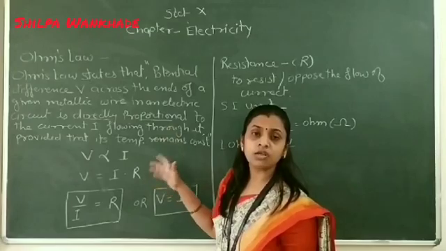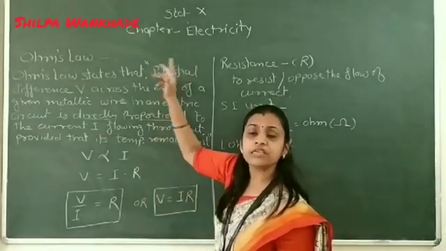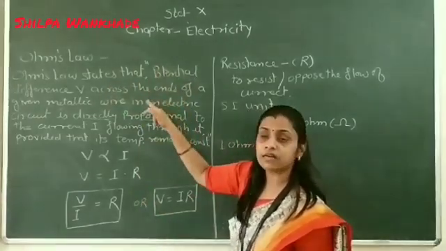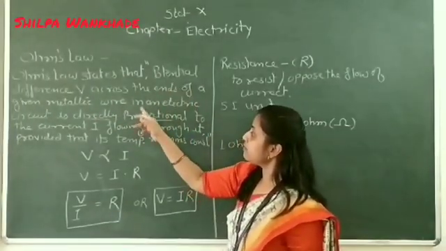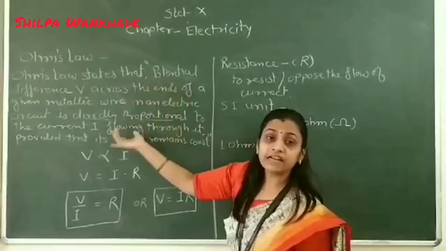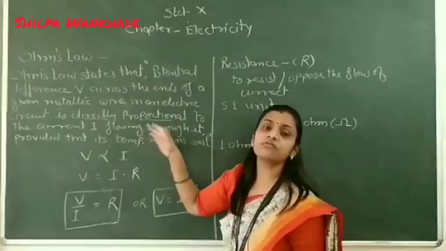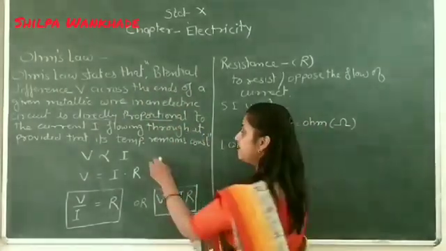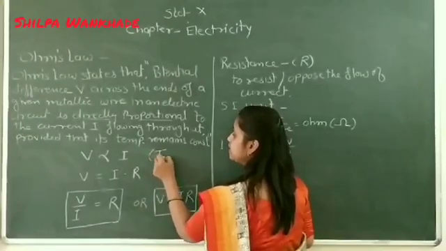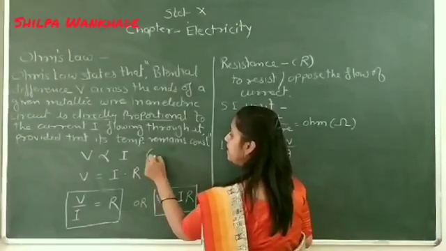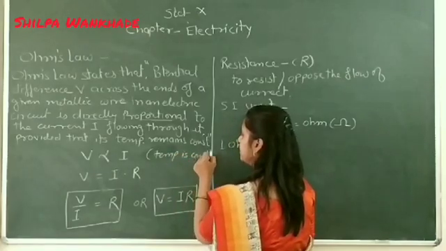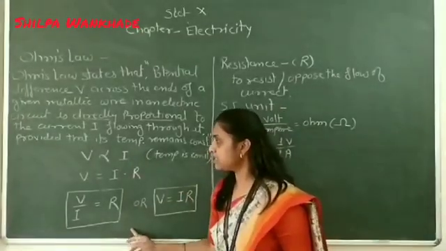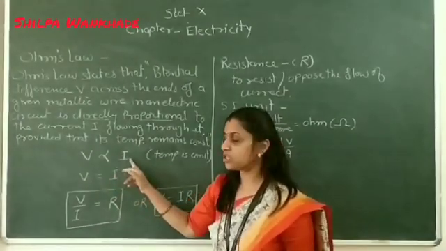The law states that the potential difference across the two ends of a conductor in an electric circuit is directly proportional to the electric current flowing through it, provided that temperature is constant. And therefore the mathematical expression is V is directly proportional to I.